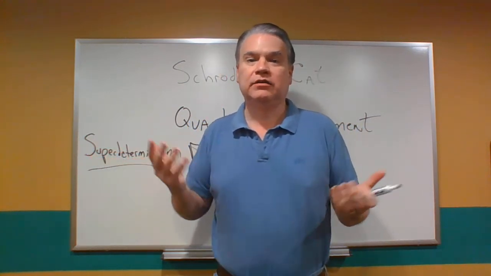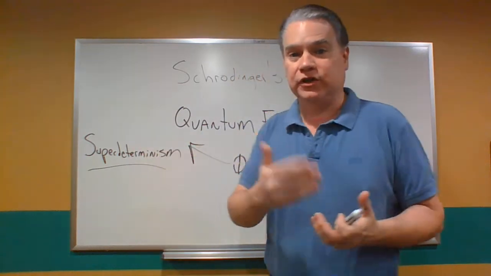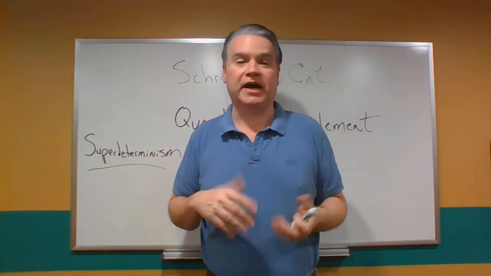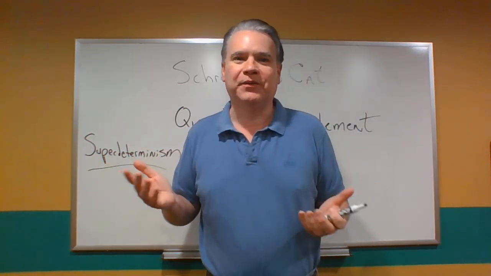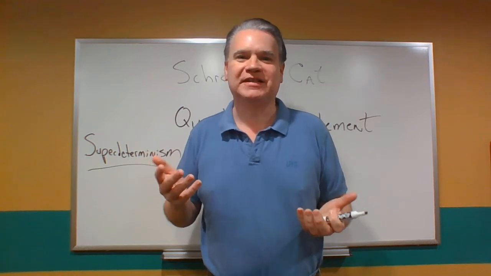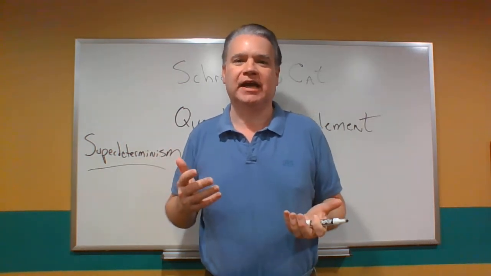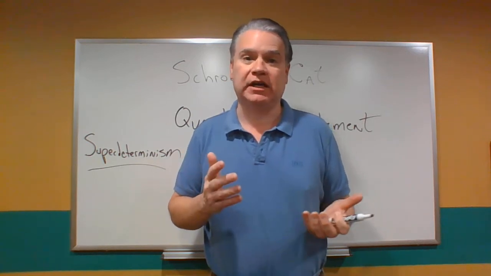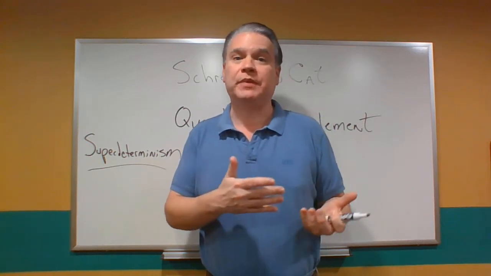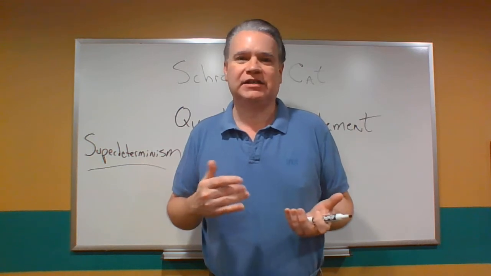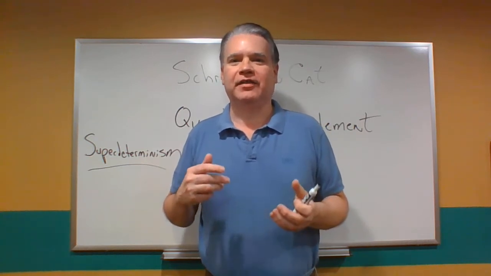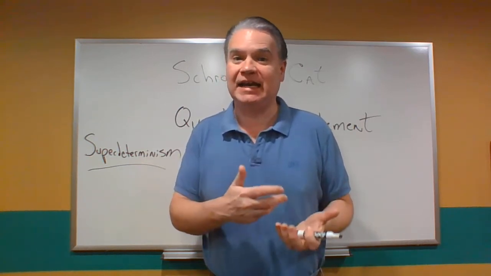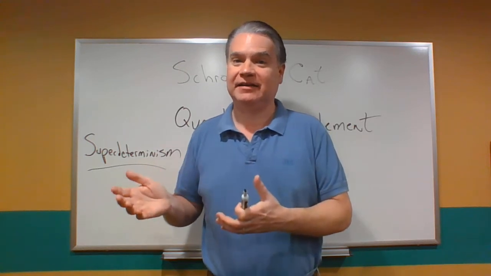It's just that the observer, the person who's going to look in the box, doesn't know what has been predetermined. They don't know whether the cat is alive or dead. But the universe knows, and it's been predetermined from the beginning of time whether that cat would be alive or dead. So it's not a case where the cat is simultaneously alive and dead.